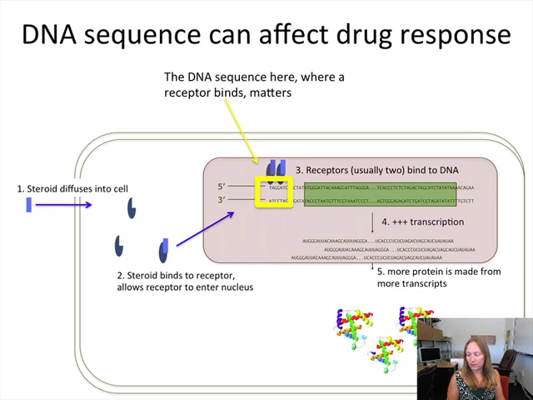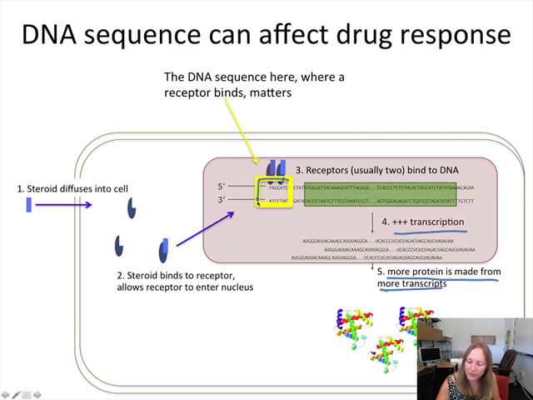I'll try and describe a little bit how that might work. I've shown you this picture before. We know that steroids diffuse into the cell and that they bind directly to DNA and affect drug response. So here I showed you a couple days ago that the receptors bind directly to this DNA, and that causes an increase in transcription, and that causes more proteins to be made from the increased number of transcripts.